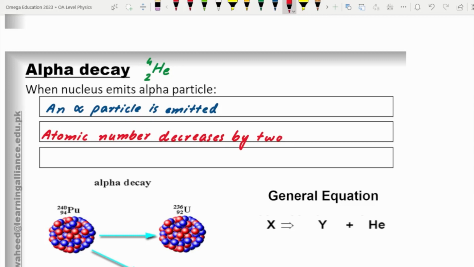And what about the mass number? There would be a reduction in the mass number as well, equal to the mass number of the alpha particle, so a decrease in the mass number by 4. And whether it be alpha decay, beta decay, or gamma decay, a vast amount of energy is released.